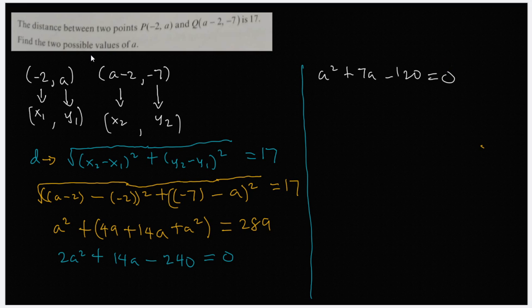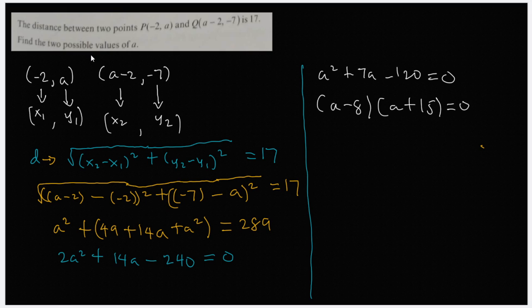If we factor this one, we arrive at a minus 8 and a plus 15 is equal to 0. I hope you still remember your factoring.